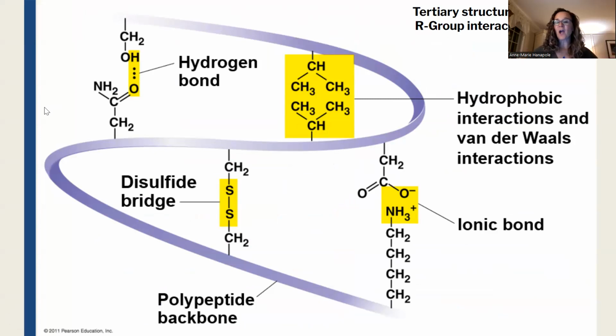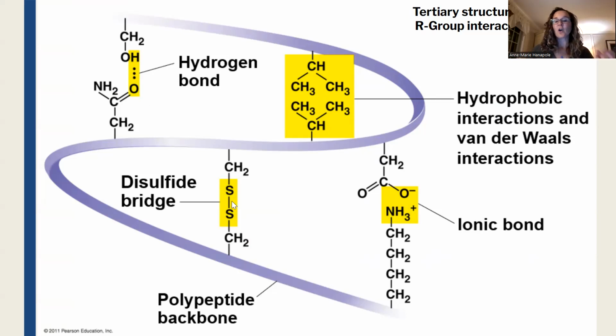Typically, those things that are hydrophobic are going to get tucked on the inside of the protein away from the water as much as possible. Things that are charged or polar are going to be more on the outside of the molecule. We can have hydrogen bonds holding strands together.